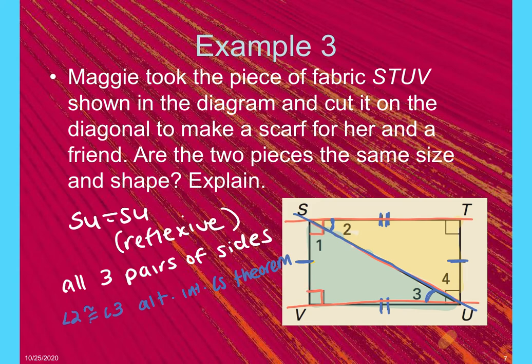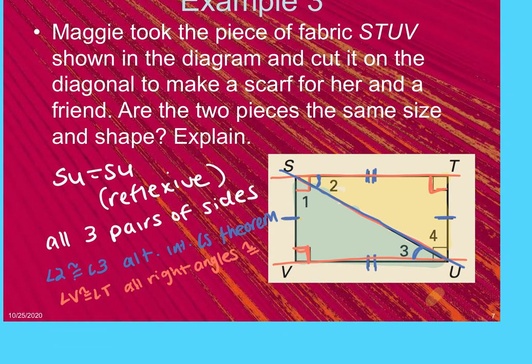I know angle V is congruent to angle T because they're both right angles. And then I can either use the other pair of parallel sides with the transversal to show 1 is congruent to 4, or I can say 1 is equal to 4, third angles theorem.